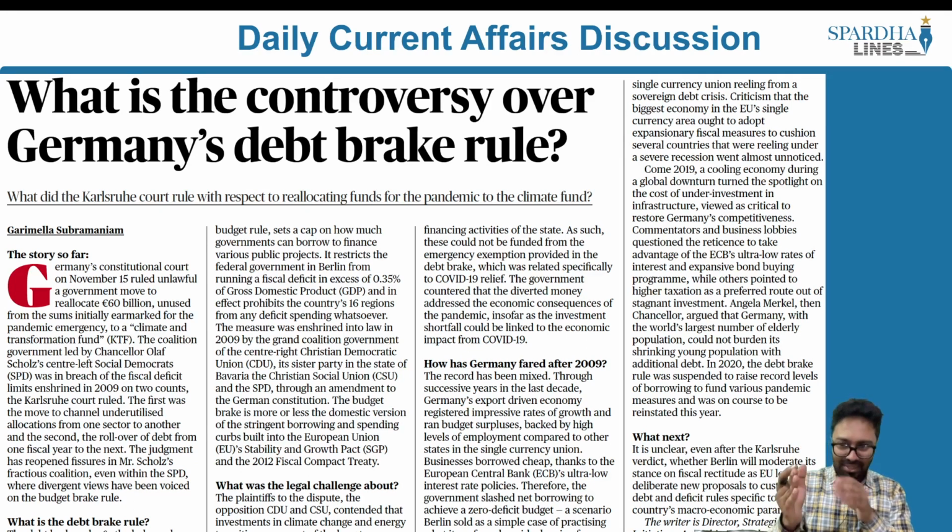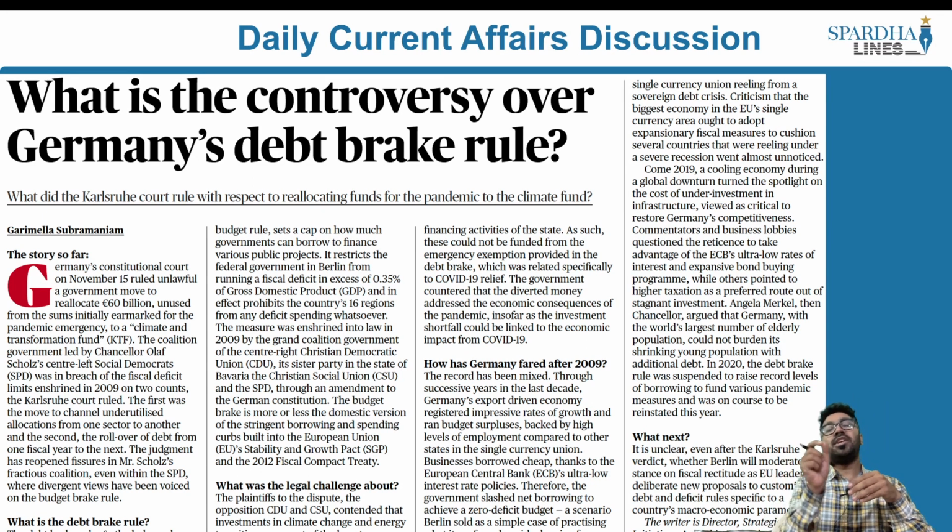It is a brake that has been imposed on the government where they would not be able to supersede their own restrictions. For example, we have the government of India. I'm just giving you an example. The government of India, let's say, is coming up with a program or a policy. It does not have money right now. So what does it do? It immediately issues, let's say, a bond, or it immediately takes money from the market.